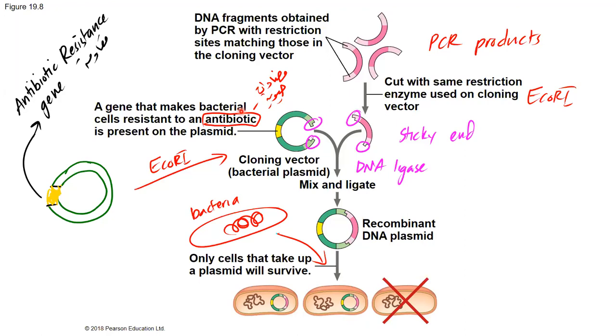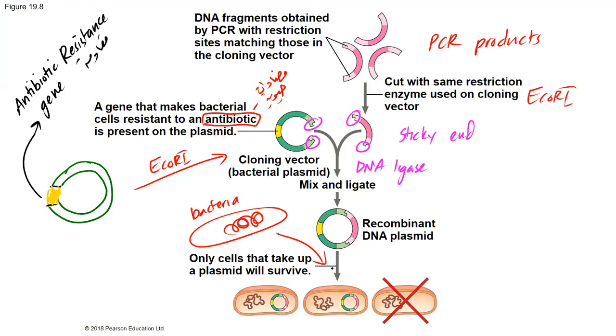So now we can select the bacteria that have our plasmid by growing the bacteria in the presence of the antibiotic. Any bacteria that does not have the plasmid will be killed by the antibiotic.